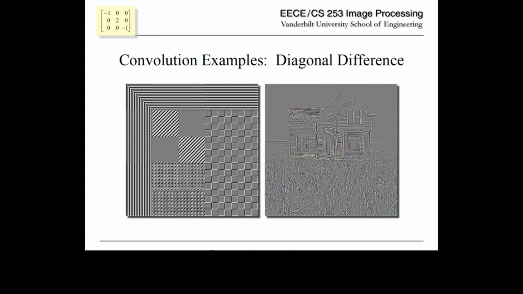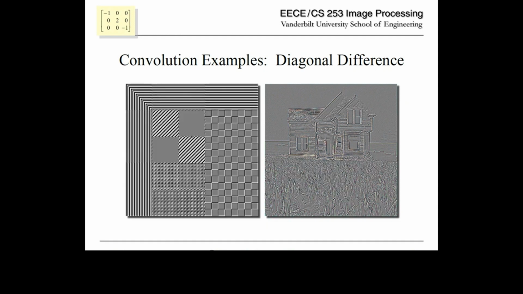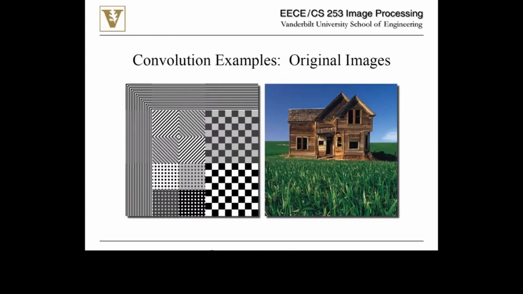And I can even compute diagonal differences. So why not make my derivation along this direction? I can compute the derivative along that direction, or the opposite direction. And then it is funny, for instance, here, we understand now why. The roof of the house has two prominent directions, this one and this one.